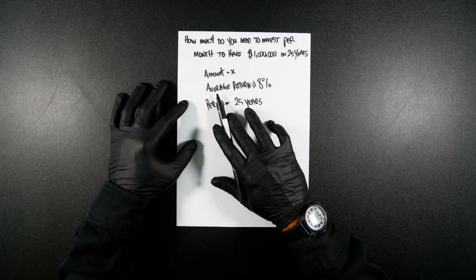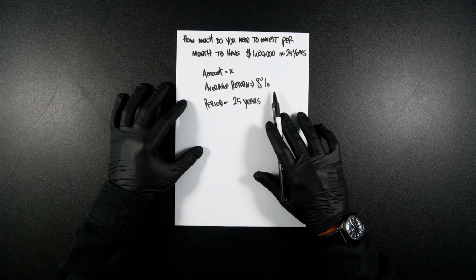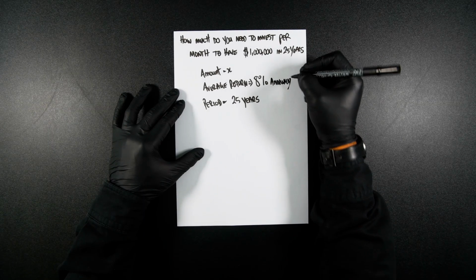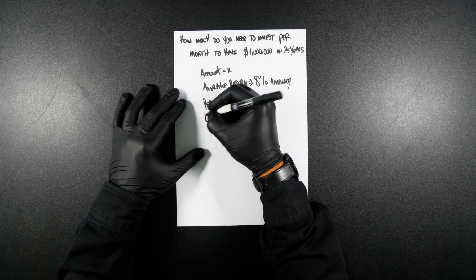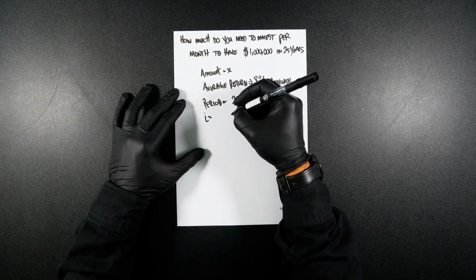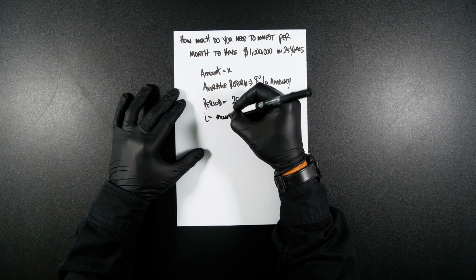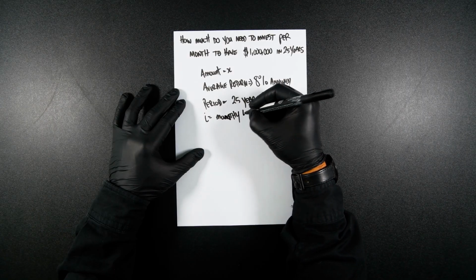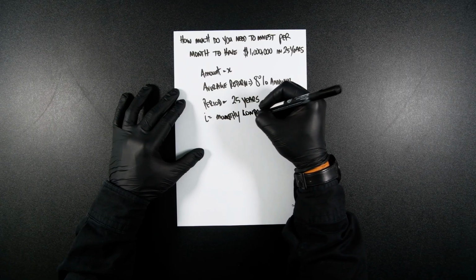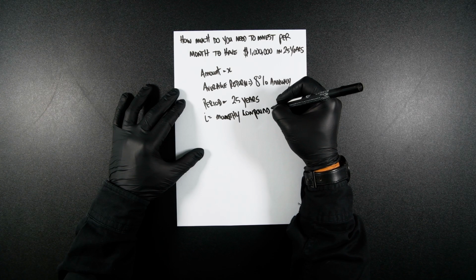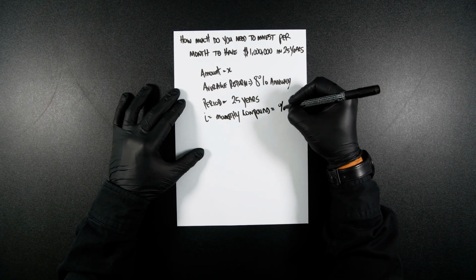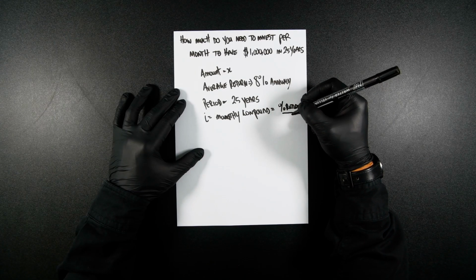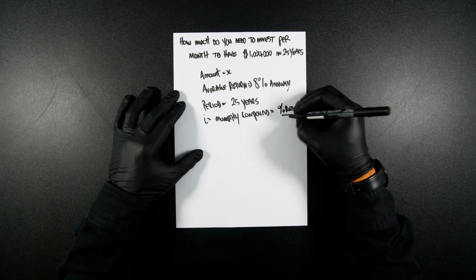So we know that this average return is per year, so 8% annually. But we want to know what I is, which is the monthly compound, which is going to be the percentage return divided by the months in a year.